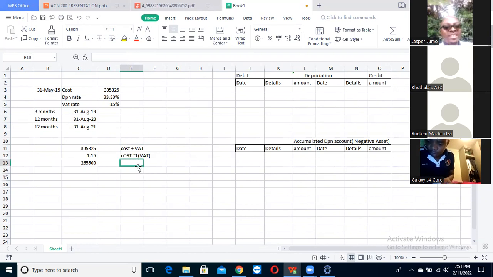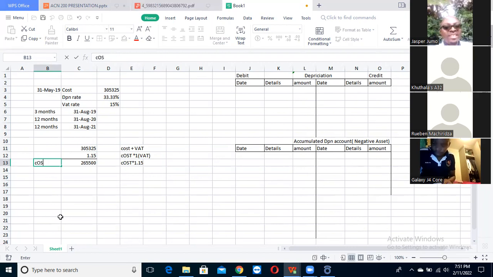The VAT rate once was 1.15. So we just say cost multiplied by 1.15. So for us to arrive at this amount, we said cost multiplied by 1.15. So we want to come back to the cost now. So we do the opposite of that. We divide by 1.15.